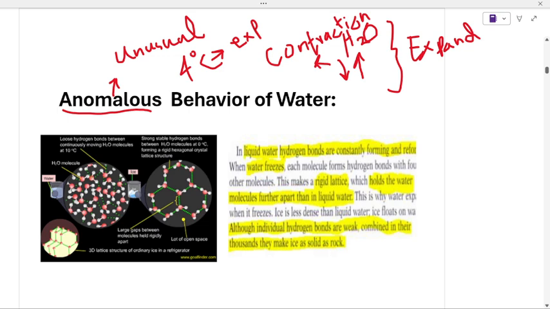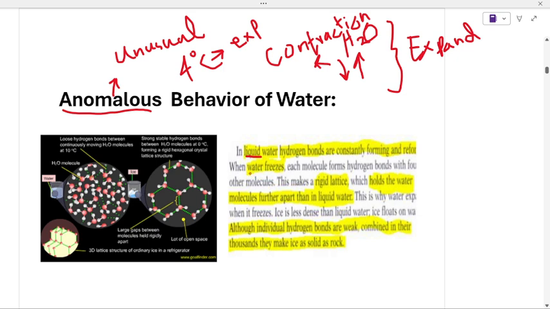Another thing that we must know about water molecules in liquid form is that they make bonds, and those particular bonds are specifically hydrogen bonds. These hydrogen bonds constantly form and break. This is a very normal process that happens in the liquid state.